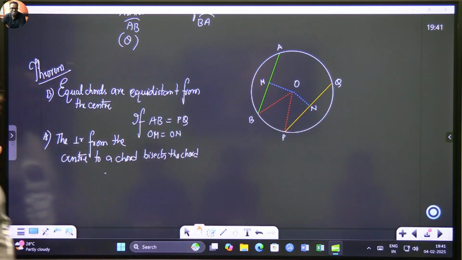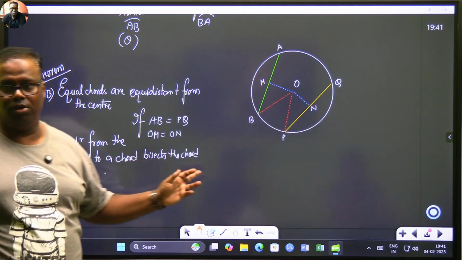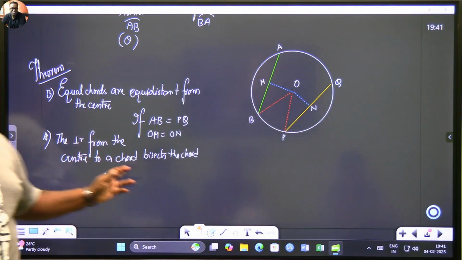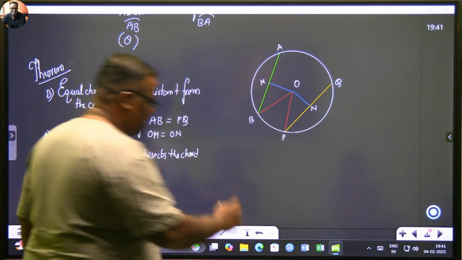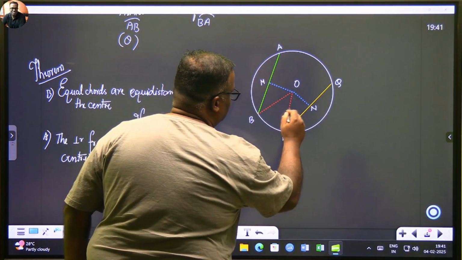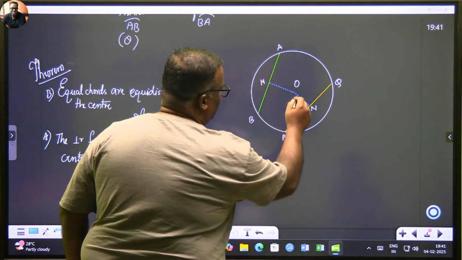The perpendicular from the center to a chord bisects the chord. So let us try to understand that. Say suppose these are not there and this is also not there.